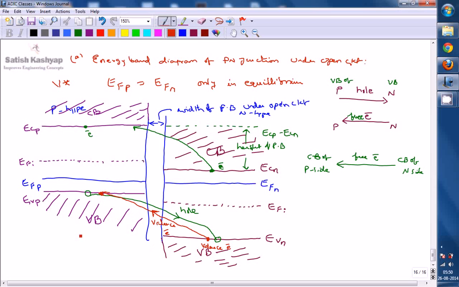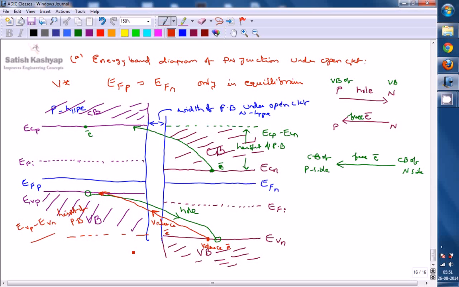So again if you draw this, this can be treated as the height of potential barrier, which can be written as EVP minus EVN.